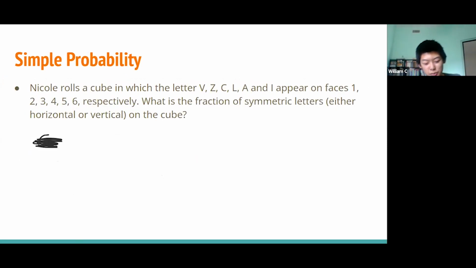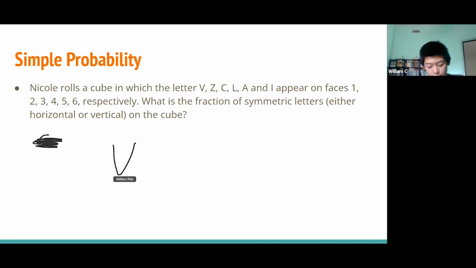The cube has the letters V, Z, C, L, A, and I on faces 1, 2, 3, 4, 5, and 6 respectively. What is the fraction of symmetric letters, either horizontal or vertical, on the cube?